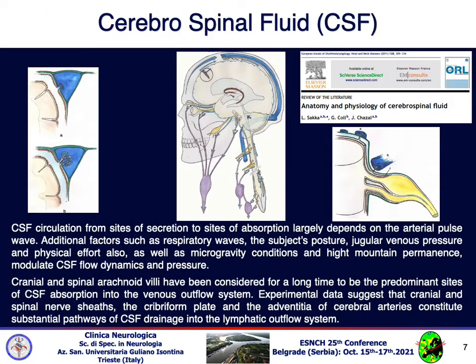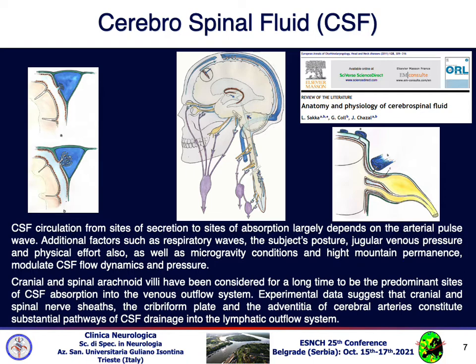CSF circulation from site of secretion to site of absorption largely depends on the arterial pulse wave. Additional factors such as respiratory waves, the subject's posture, jugular vein pressure, physical effort, as well as microgravity condition and eye amount and permanence, modulate CSF flow dynamics and pressure.